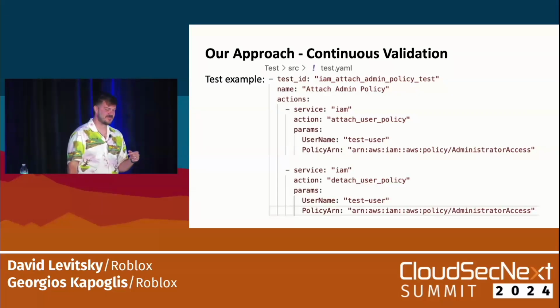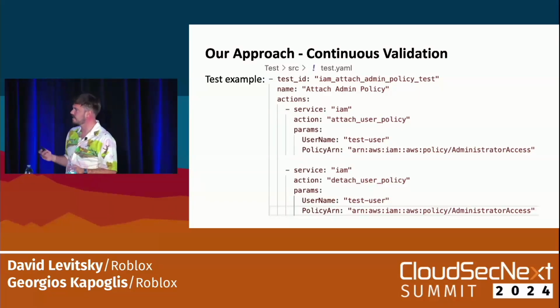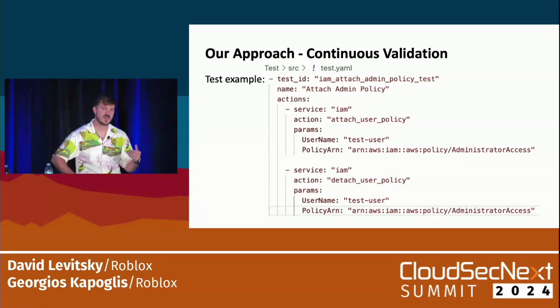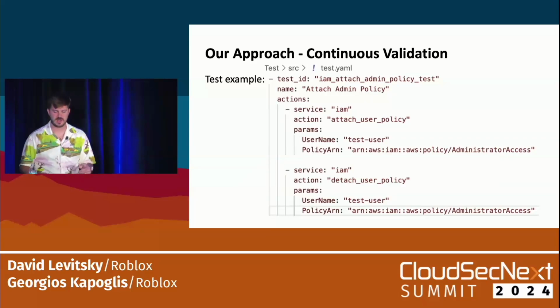And then essentially how our Lambda works is that it goes through here, through the test ID and the name, and it looks at how many actions, and also parameters. We can add parameters and actions there for different API calls. So in this case, we are only having a detection for the attached user policy, which is what we want to see gets triggered all the time, and we go through the pipeline and make sure that it goes through, no issues there, our detection works.